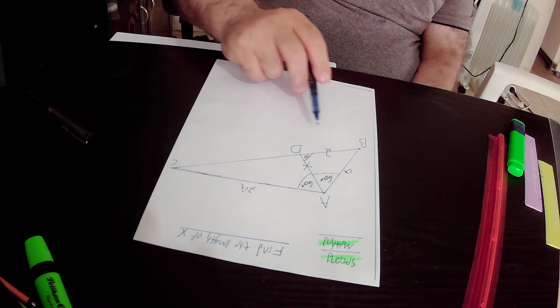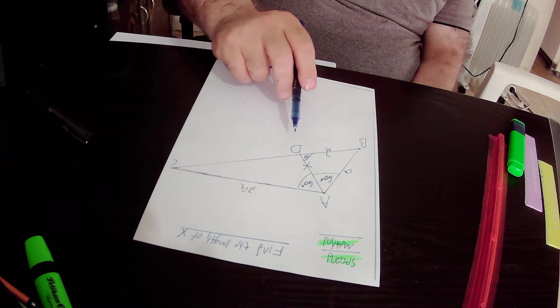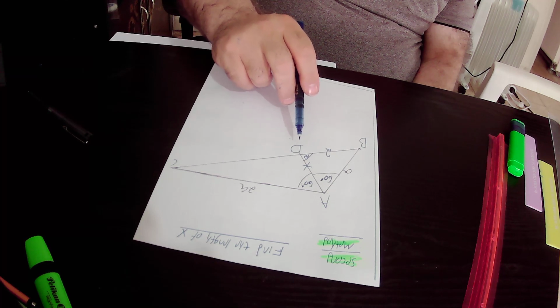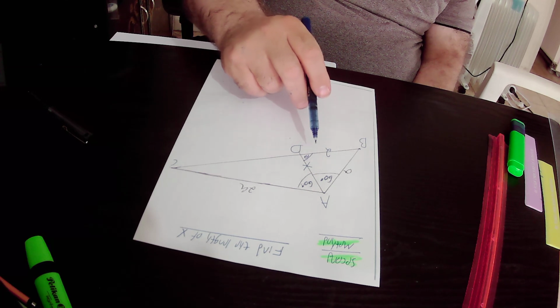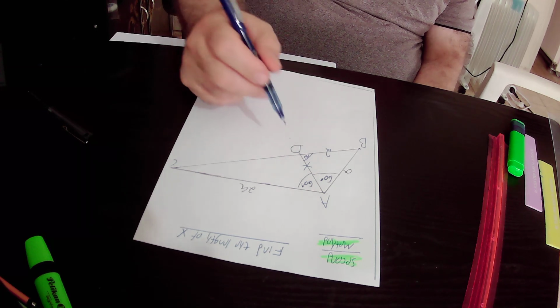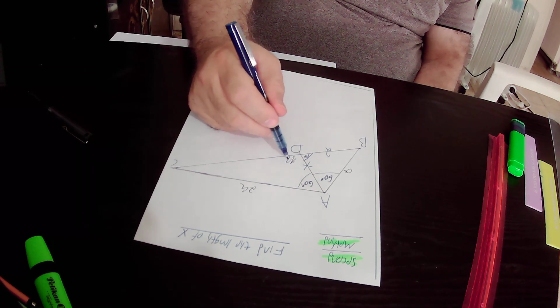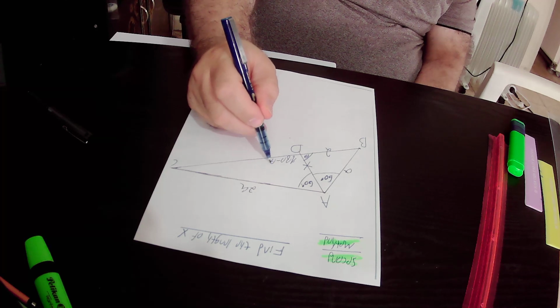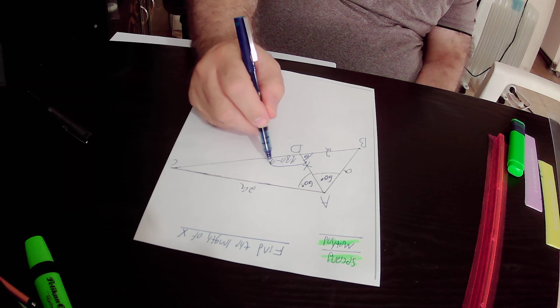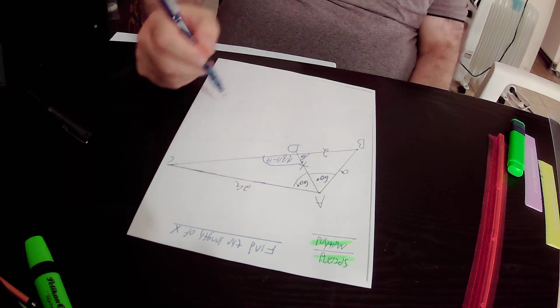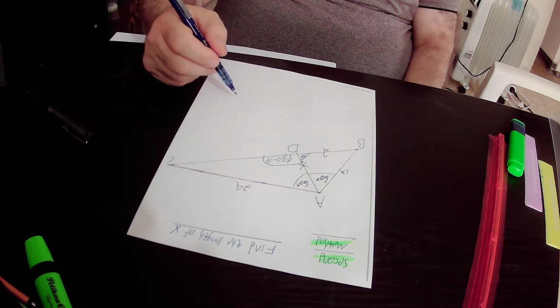So if we focus on the upper side of the straight line BC at point D, then the sum of the angles must be 180 degrees. So if angle ADB equals theta, then angle ADC must be equal to 180 degrees minus theta. Why? Because theta plus 180 degrees minus theta equals 180 degrees.